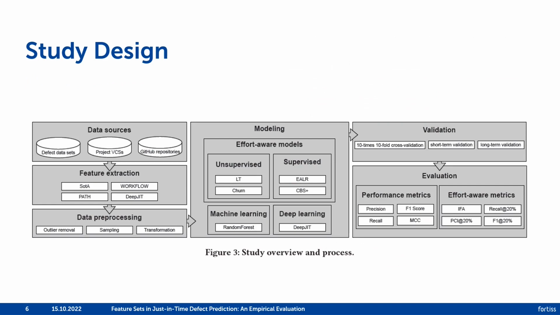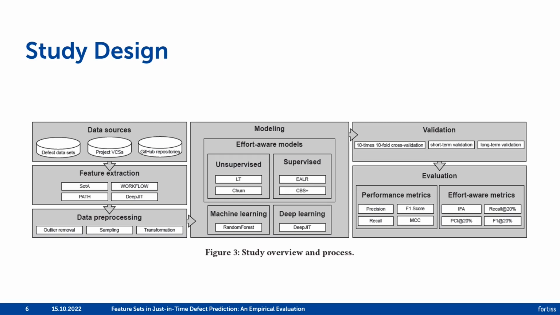Before we come to the results of our study, I just wanted to show you the study design real quick. So first of all, we have a data set containing 6 open source repositories and all information about defect introducing commits that was recently published. We then did download the data from GitHub and Git for these repositories and extract all the features according to existing literature, or as I just described in the last 2 slides.